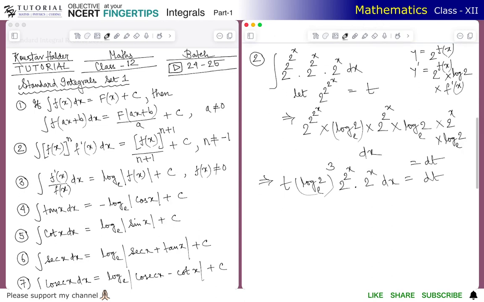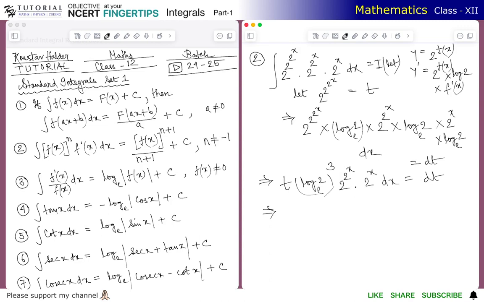Now if I do the substitution in the original integral, the integral becomes, let's write the solution a little more step by step.